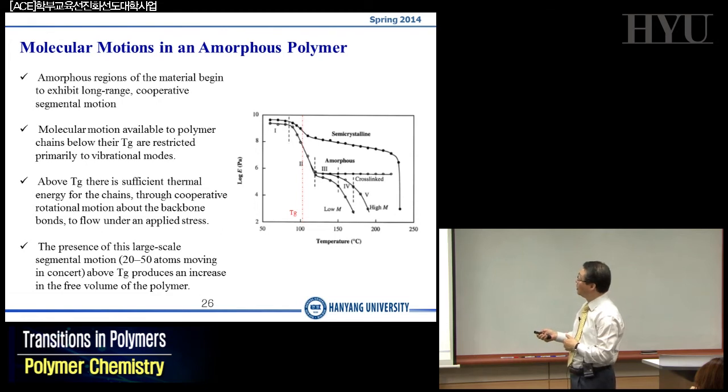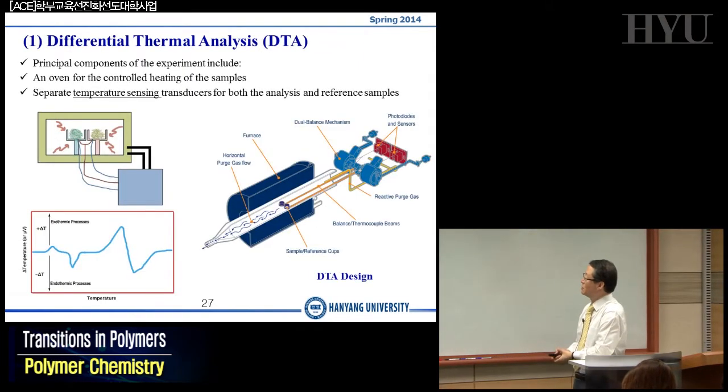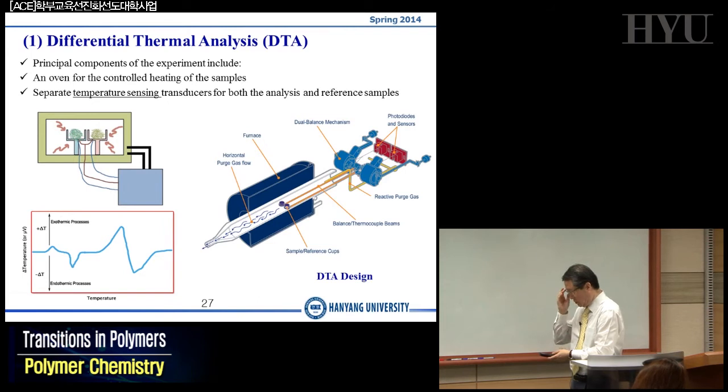But anyway, we can detect the TG in the middle of these two transition regions of your modulus. Okay? So this is the easy way of detecting the transition temperatures.